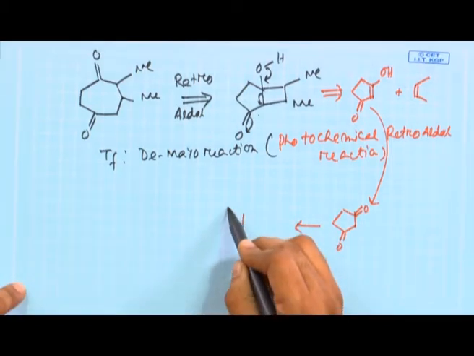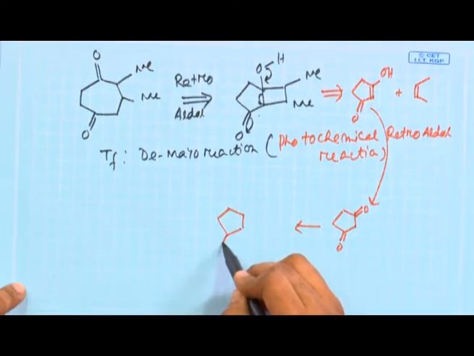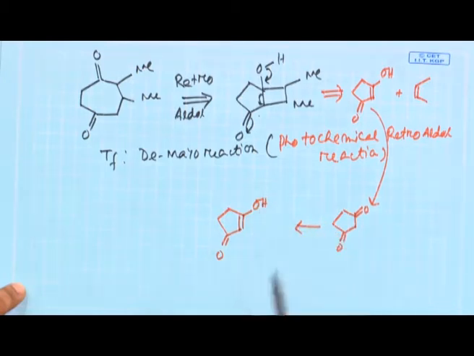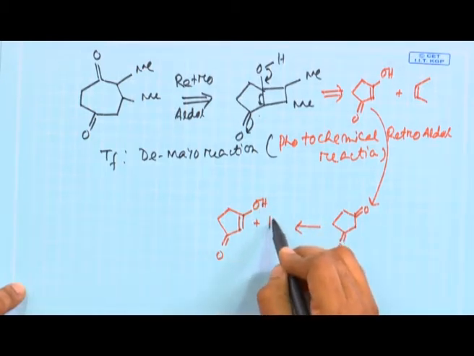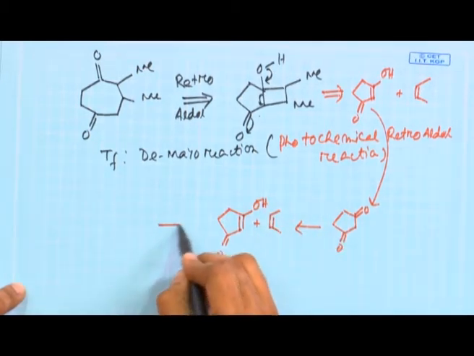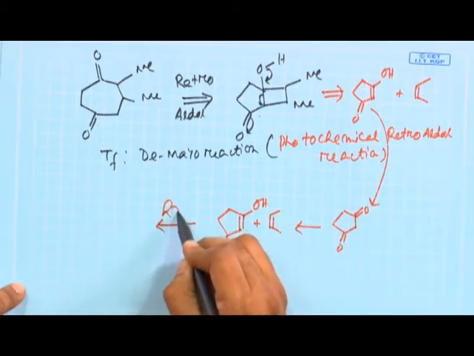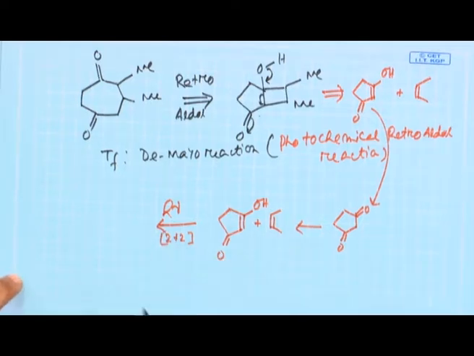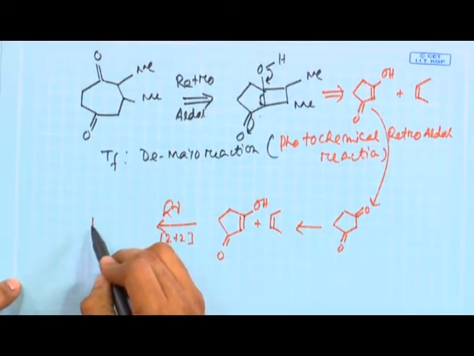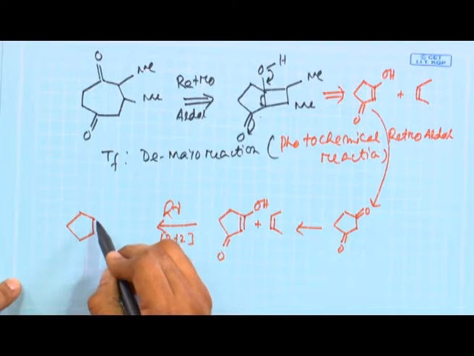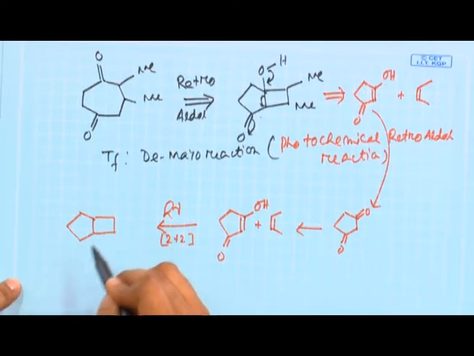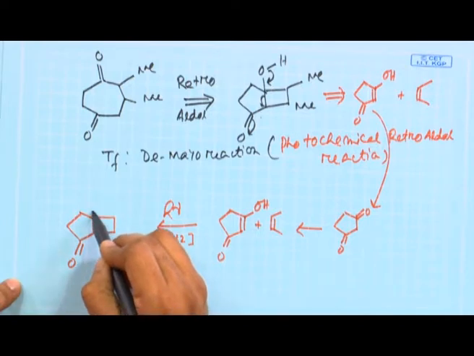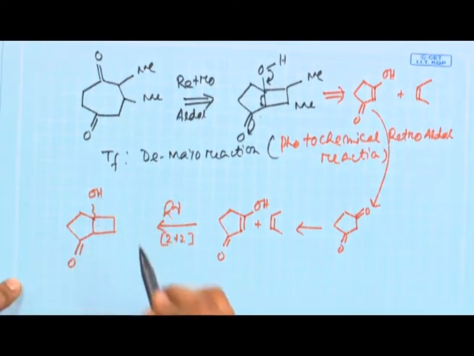So, first you analyze in the reaction mixture, you will get this, then you subject it to h nu mediated 2 plus 2, okay. And then we will basically get a simple 2 plus 2 cycloaddition, which is the best way to make 4 member rings.